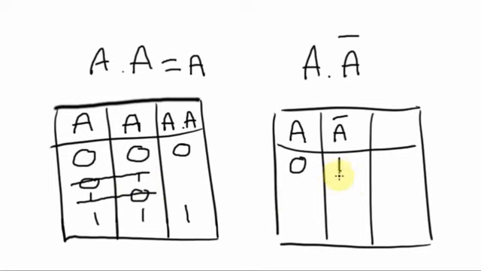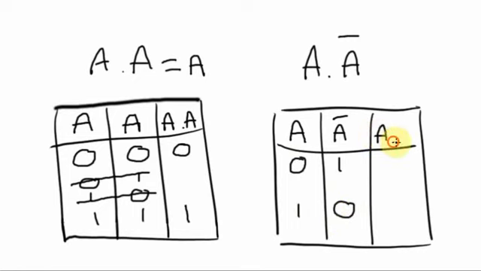If A is 1, not A has to be 0. So let's write our output here, A and not A. 0 and 1 is 0. 1 and 0 is also 0. So A and not A will always equal 0.